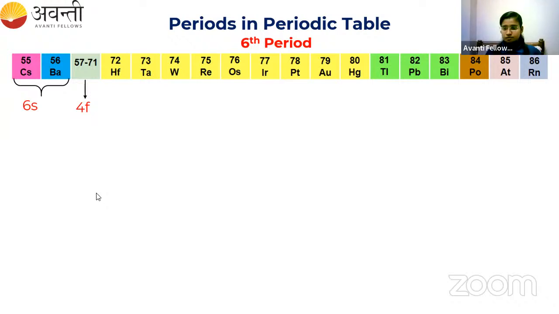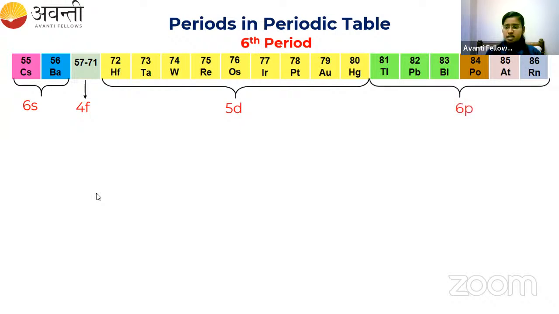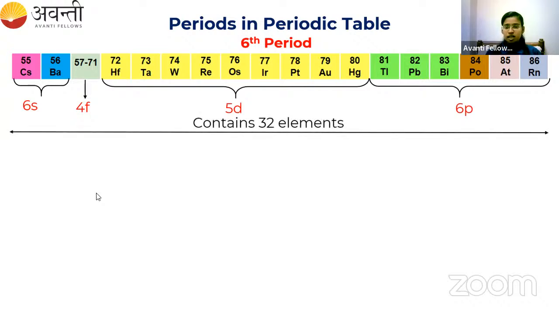So from 57 till 71 onwards, the filling of 4f orbital takes place, and from 72 till 80, the filling of 5d, then from 81 to 86, the filling of 6p. So totally if you calculate, you will get 32 elements in the sixth period.